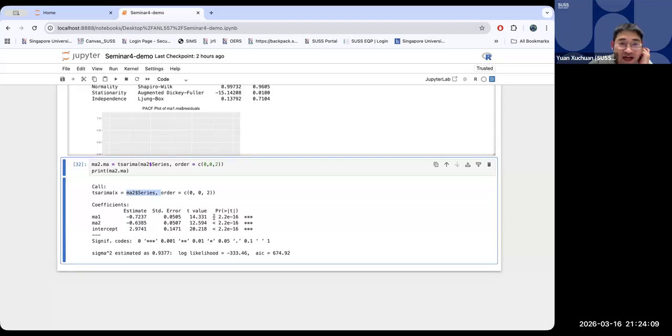If you look at the p-values, they are all significant. MA1 and MA2 are very significant, right? And also the intercept, which is the mean, is also significant, right?